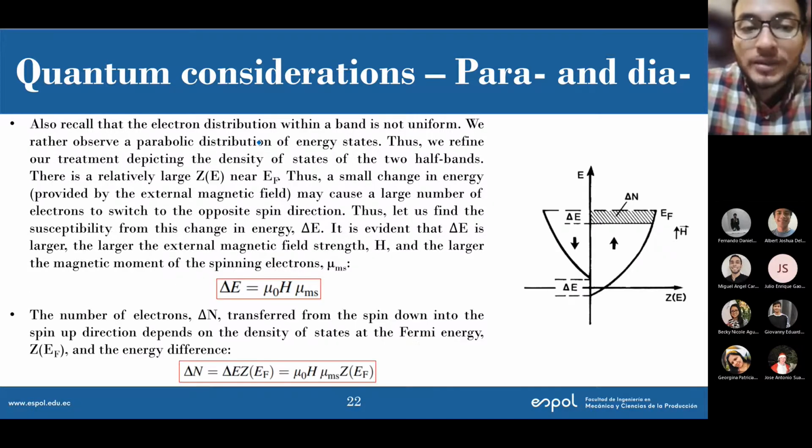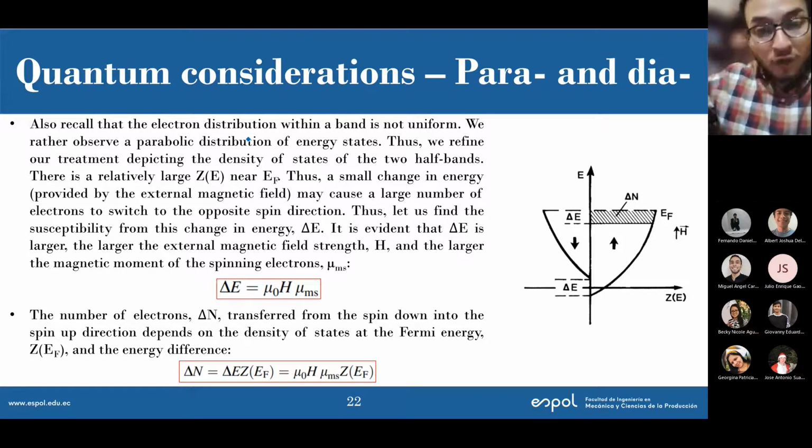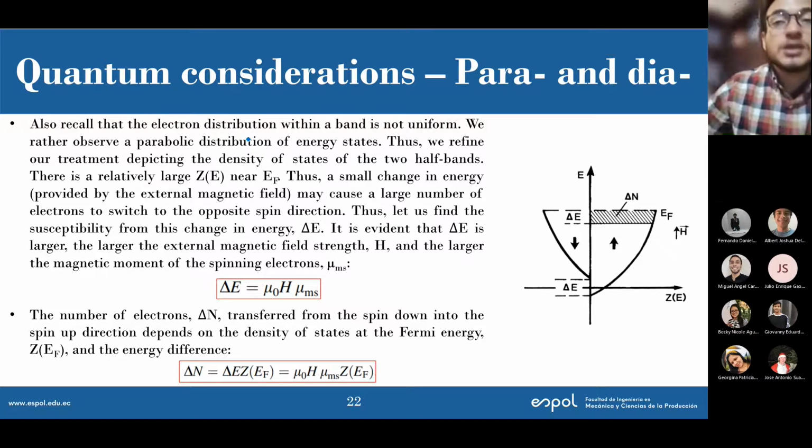Now remember that the electron distribution within a band is not uniform. I have a band, but the distribution of the electrons in that band is not really uniform. Remember, we have this parabolic distribution according to the energy states.